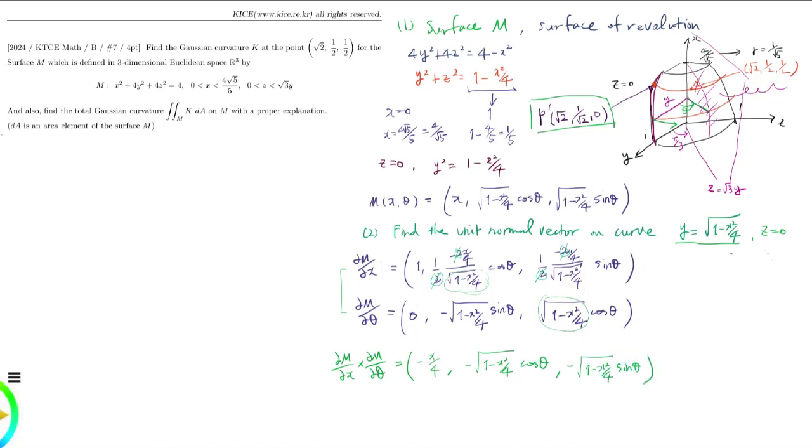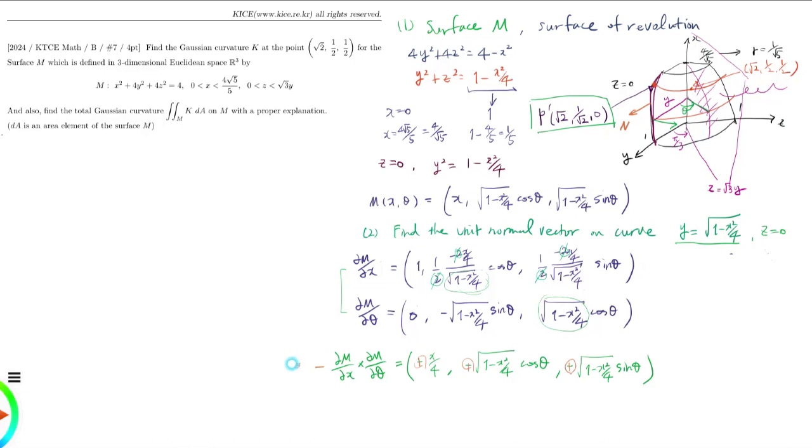And since those three coordinates all have negative sign, let me change the sign to positive, so it points outside of this direction.